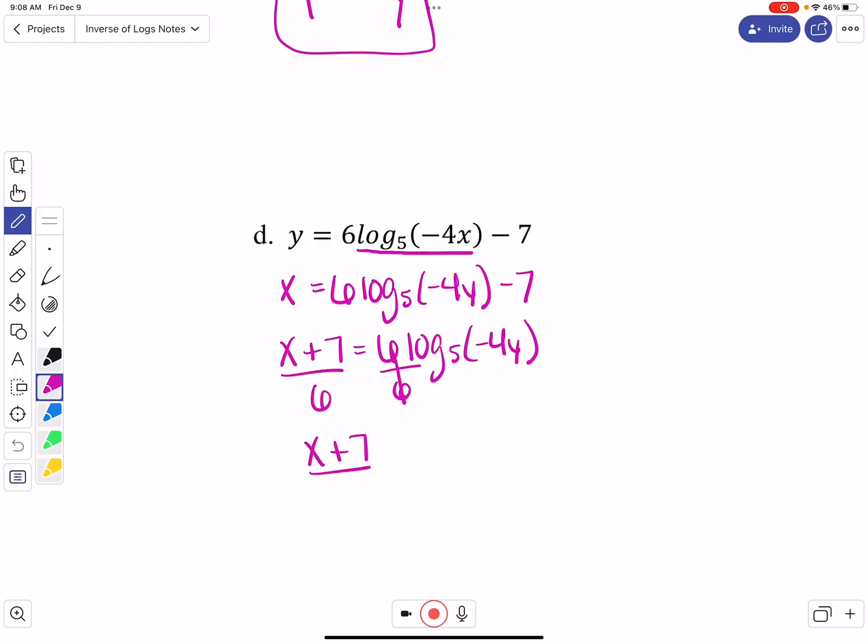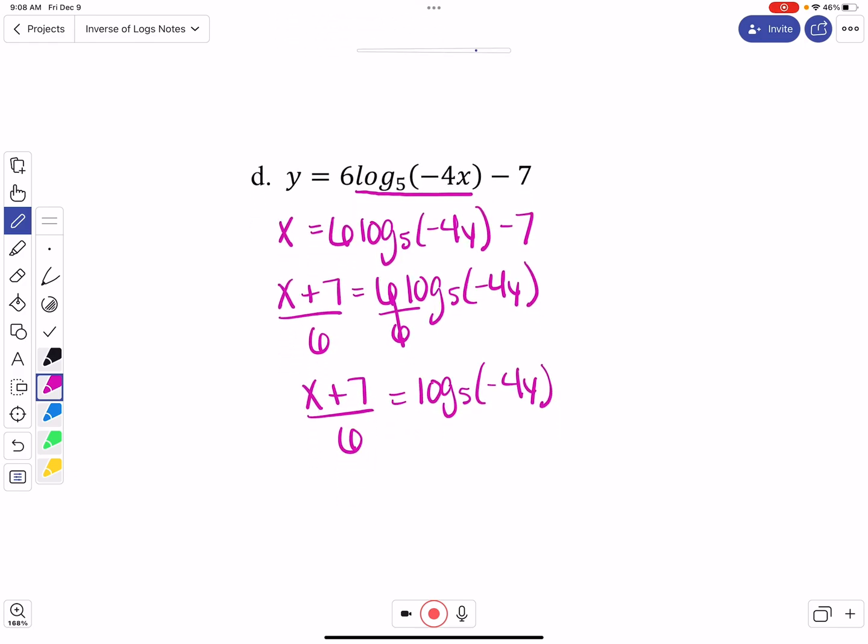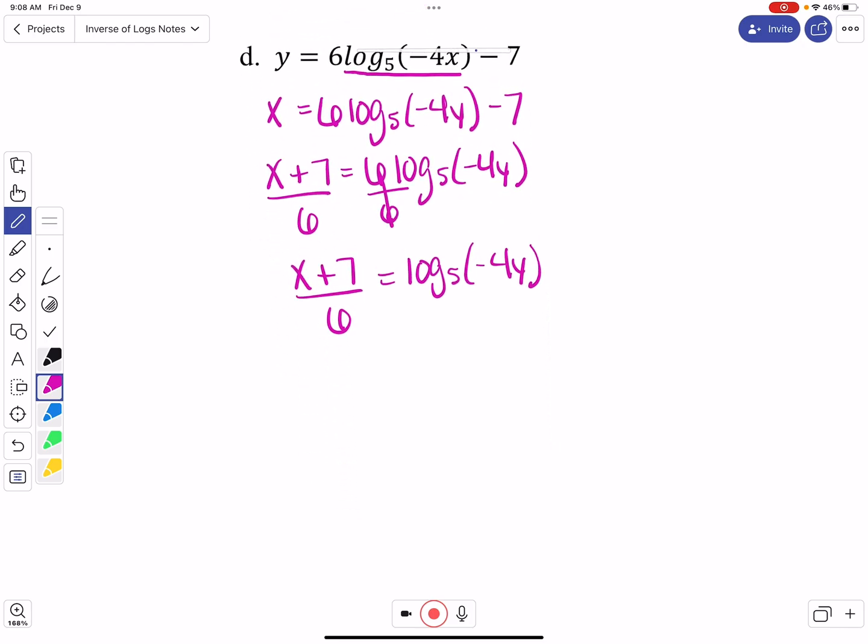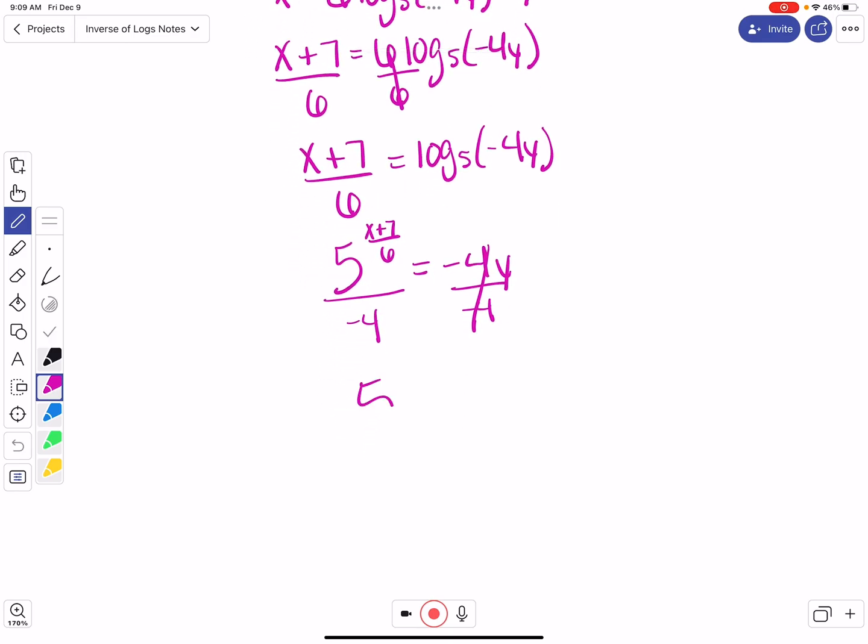So I have x plus 7 over 6 equals log base 5 negative 4y. Now I can change it to an exponential. So it will be 5 to the power of x plus 7 over 6 equals negative 4y. And then I'll divide by negative 4. So I have 5 to the power of x plus 7 over 6, over negative 4, equals y.